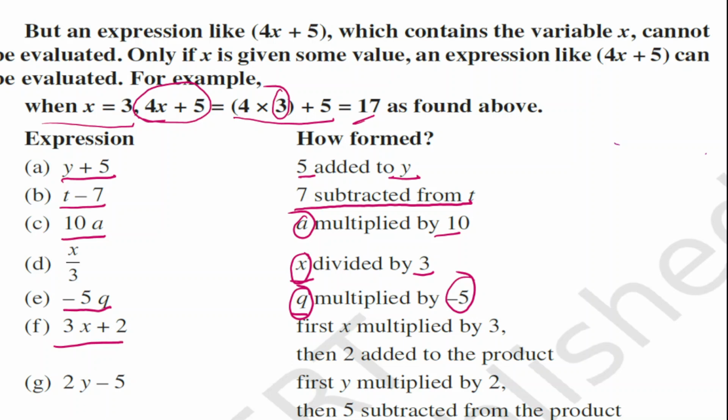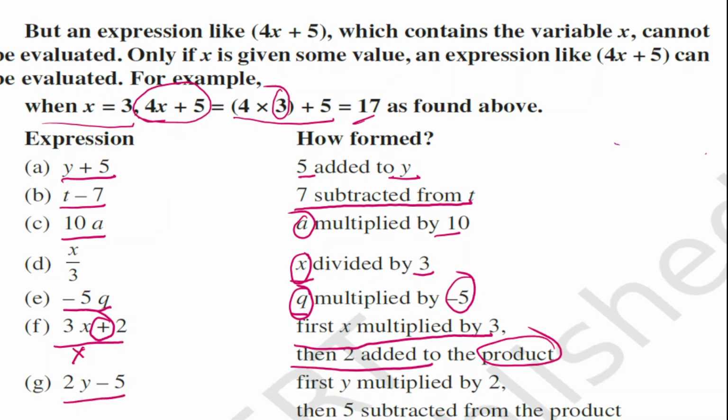And 3x plus 2, here we are performing two operations, one multiplication and one addition. We can perform any number of operations by using variables in our expressions. Here 3x plus 2 means we are multiplying the variable x by 3, and then adding 2 to the product 3x.